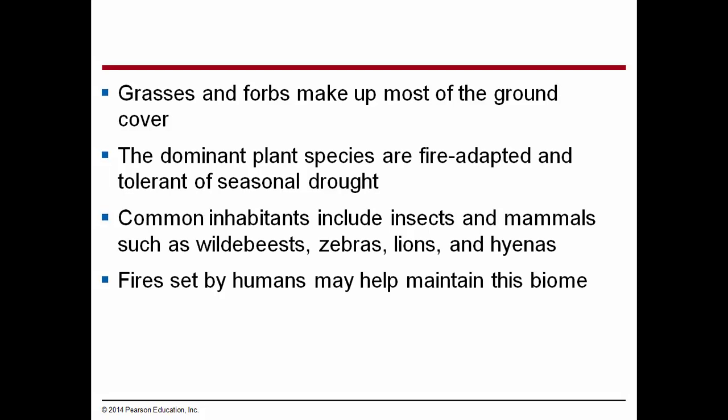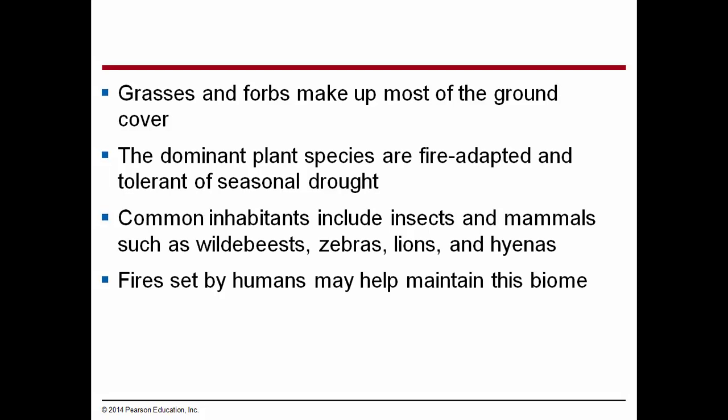Grasses and forbs make up most of the ground cover in savannas. The dominant plant species are fire adapted and tolerant of seasonal drought. Common inhabitants include insects and mammals such as wildebeest, zebras, lions, and hyenas. Fires set by humans help to maintain this biome, and fires do occur naturally in savanna regions. Savannas are like the chaparral region of California, and there are savannas in Southern California.